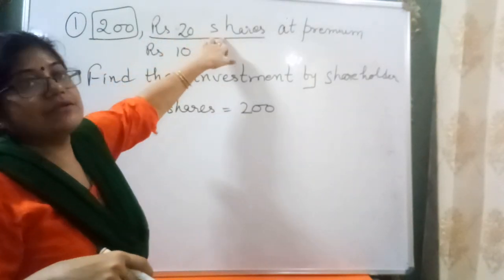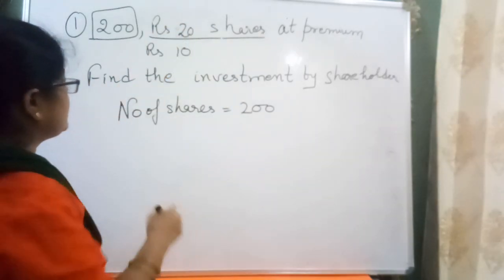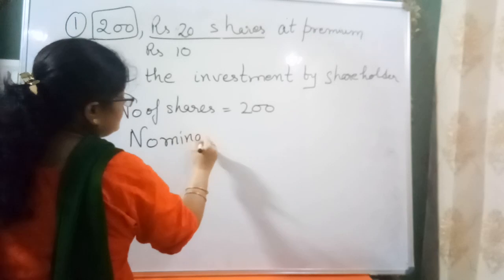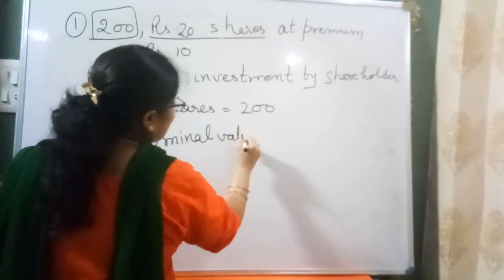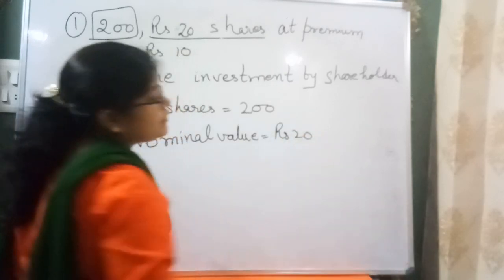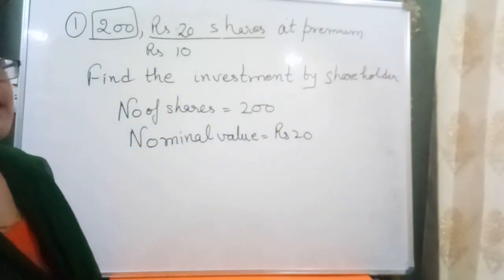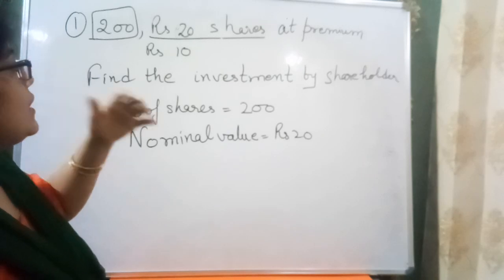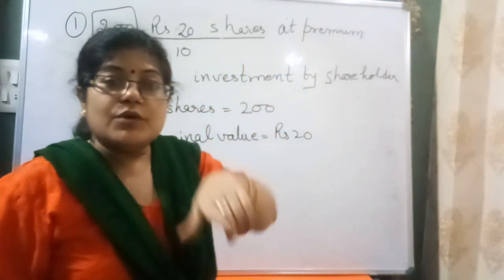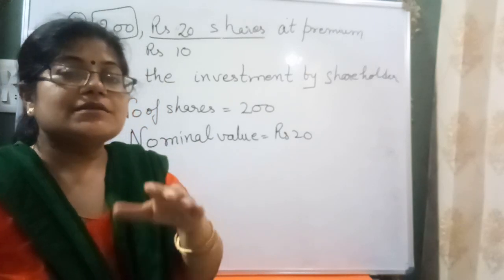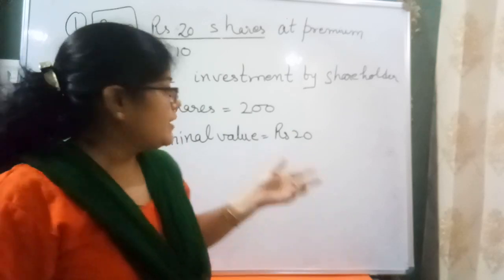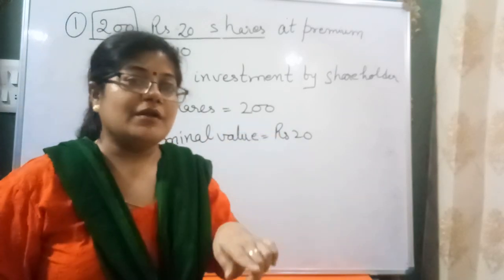Now the second one. Rupees 20 per share. Then what is rupees 20? It is the nominal value, that means the value announced by the company at which the share will be sold in the market for the shareholders. Now it is written at premium. I told you earlier, premium means the price of the shares is increased in the market in comparison to the nominal value.